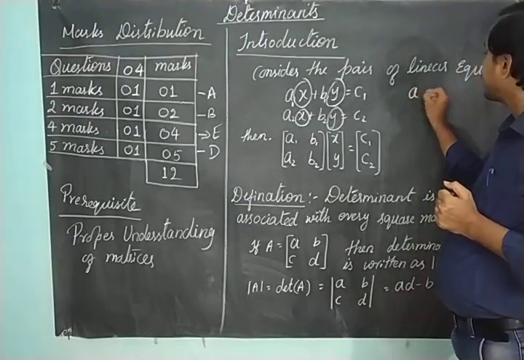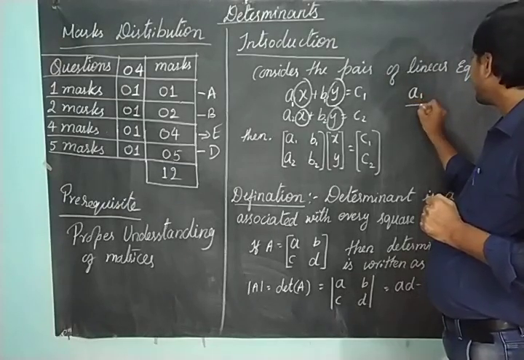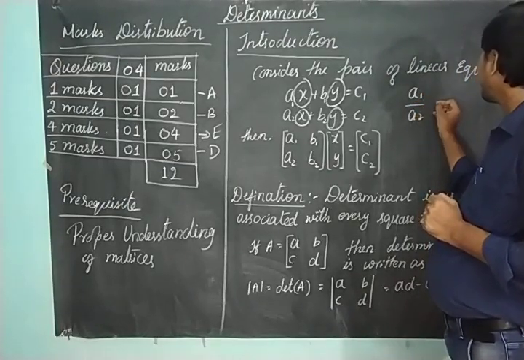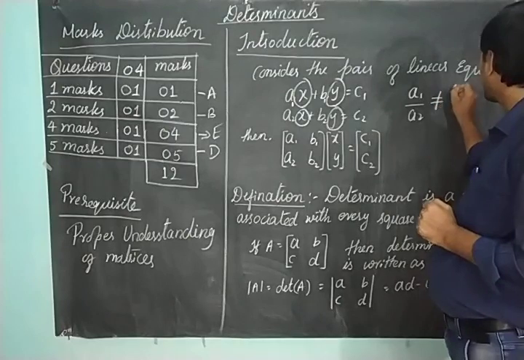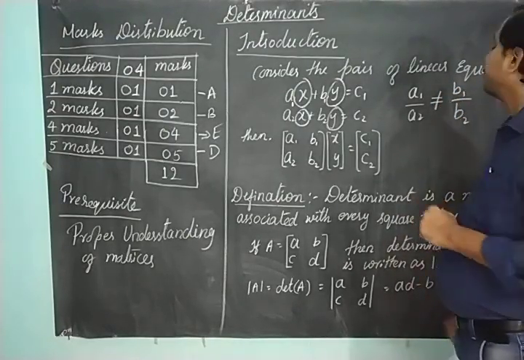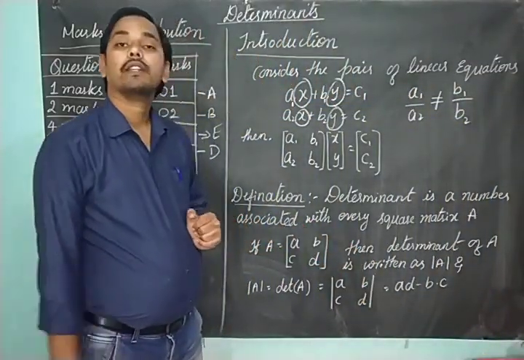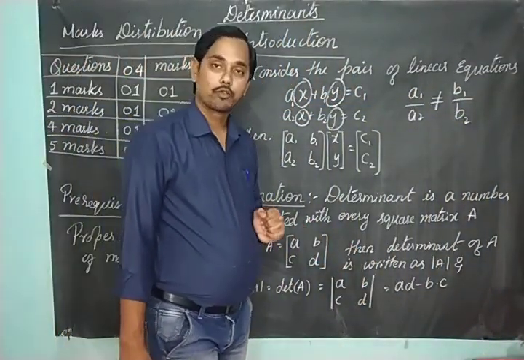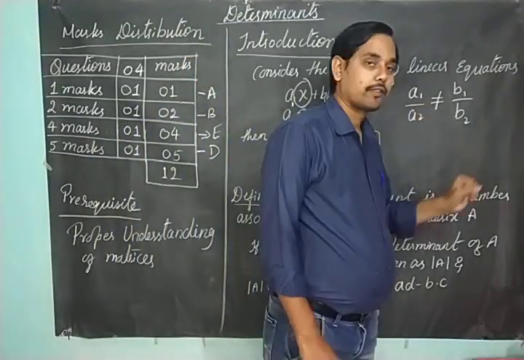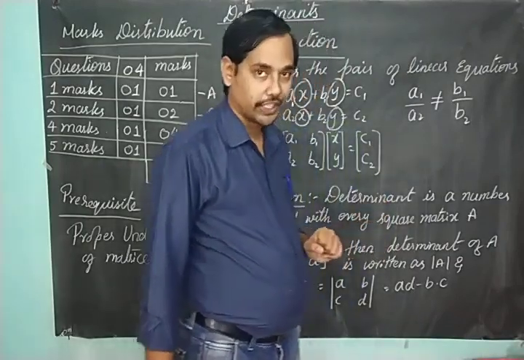If we have two equations, then a1 by a2 should not be equal to b1 by b2. If a1 by a2 is not equal to b1 by b2, then there exists a unique solution.